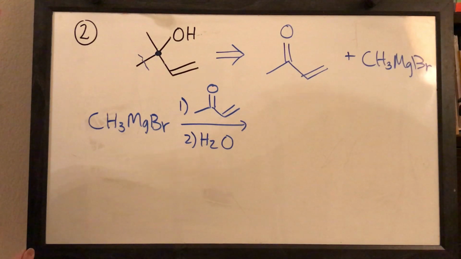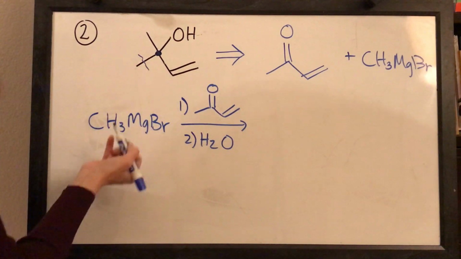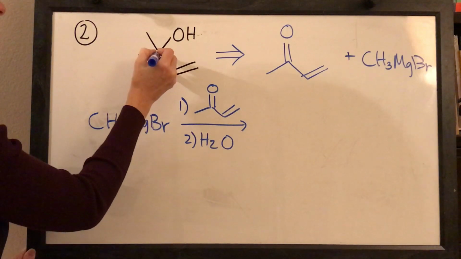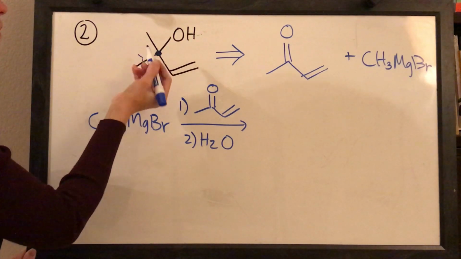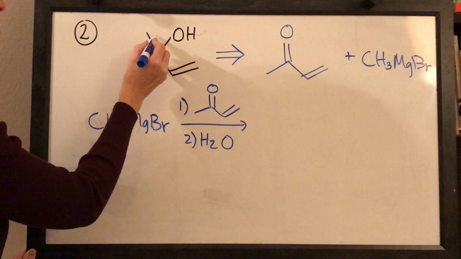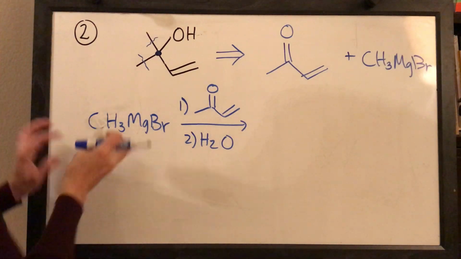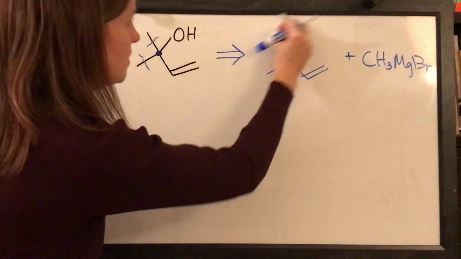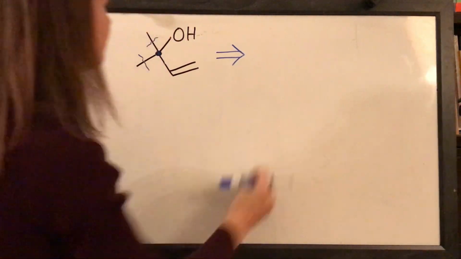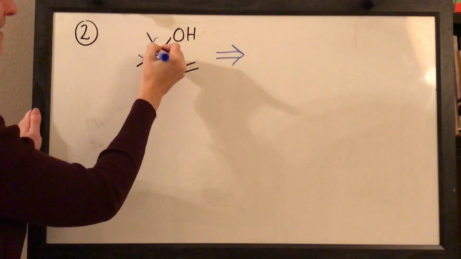The third way that you could do this problem is to notice that there are actually two methyl groups. There are two identical groups on this carbon that the oxygen is attached to. So we know that Grignards add twice to esters. What if we start with an ester and we use a Grignard reagent that's going to add twice? So the third possible answer that I could come up with, if I'm thinking backwards again, would be to start with a carbonyl compound that's actually an ester.